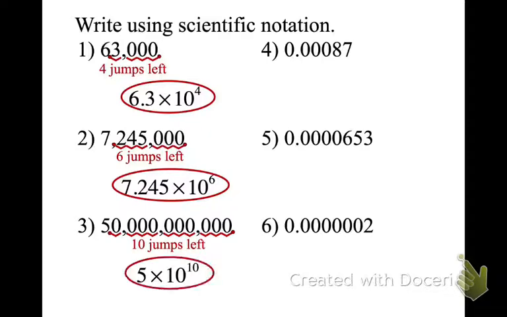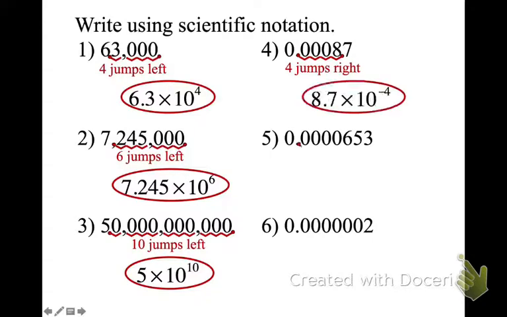Let's look at number 4. This one's a smaller number, so I'm moving it between the 8 and the 7. It would be 8 and 7/10 times 10 to the 1, 2, 3, 4, times 10 to the negative 4th power. Okay, let's look at the next.